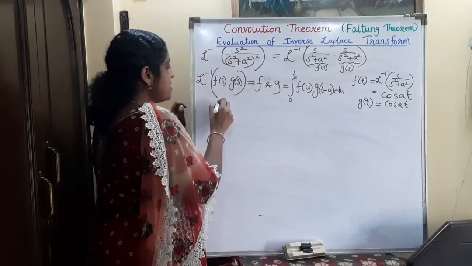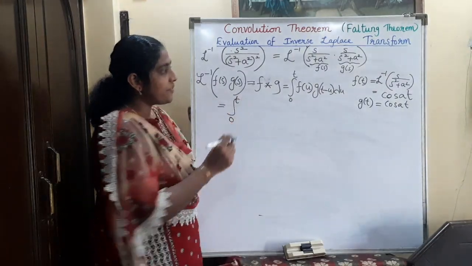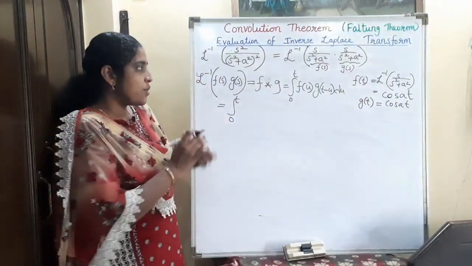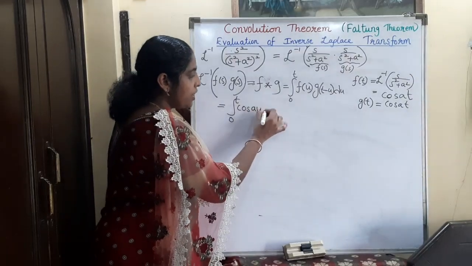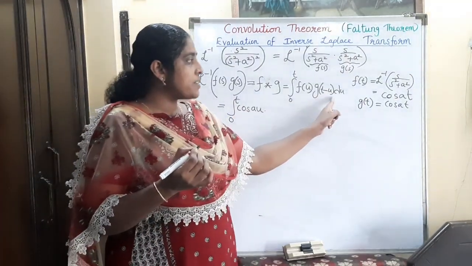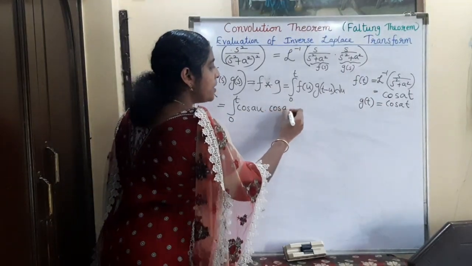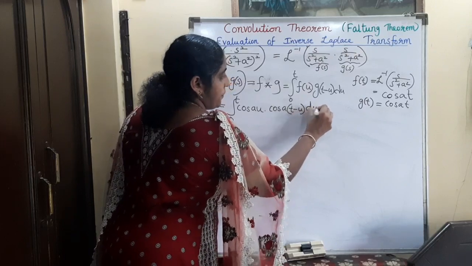Okay. So this is equal to integral 0 to t. What is f of u there? F of t is cos at. So f of u is cos au into g of t minus u. G of t is cos at. So g of t minus u is, instead of t we have to write t minus u du.